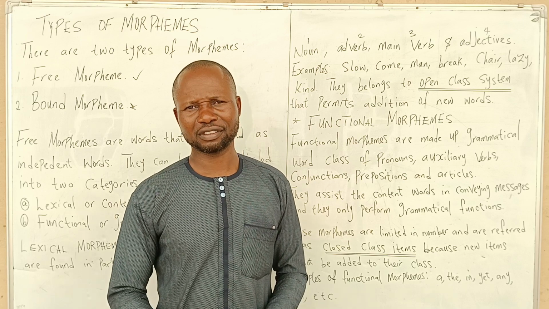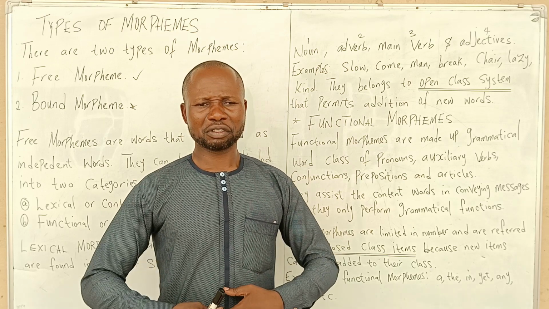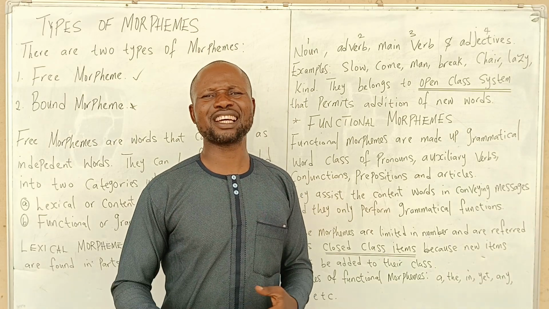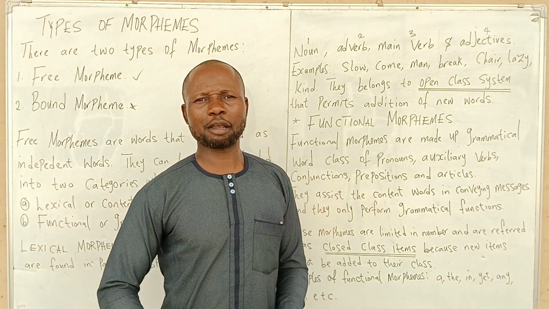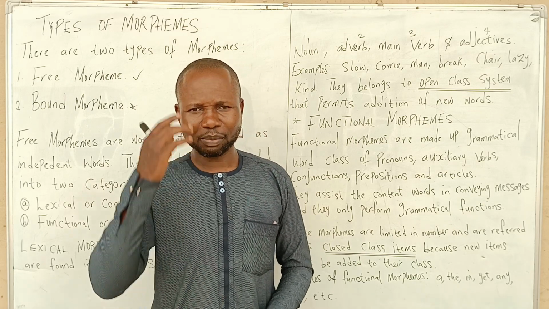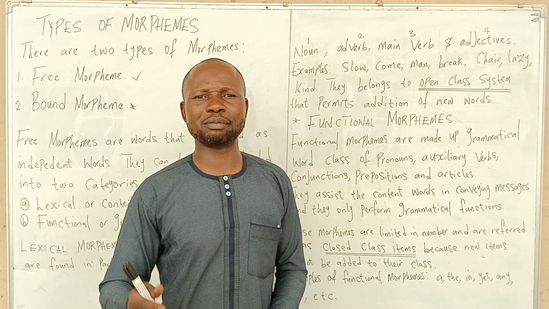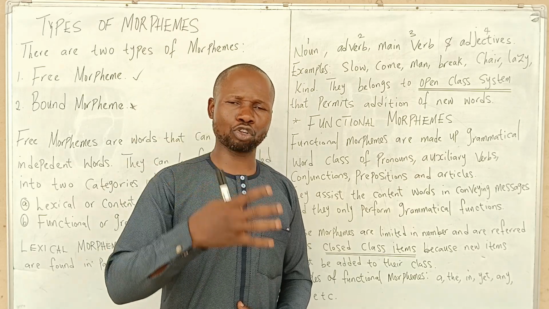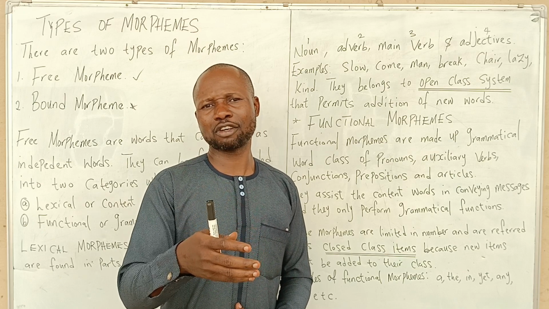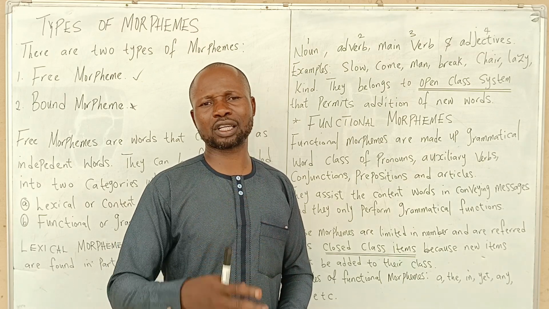A noun. Maybe there was a time we were not familiar with people bearing names like Bush, Black, Stone, and so on. But immediately people start bearing them, they are absorbed or integrated into the class of noun, which is what? An open class.